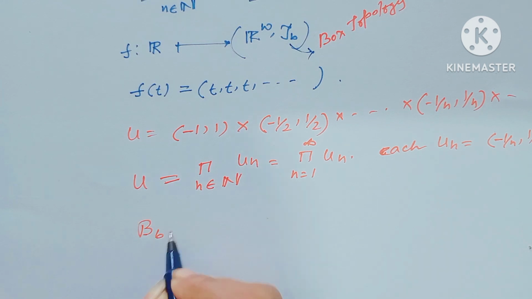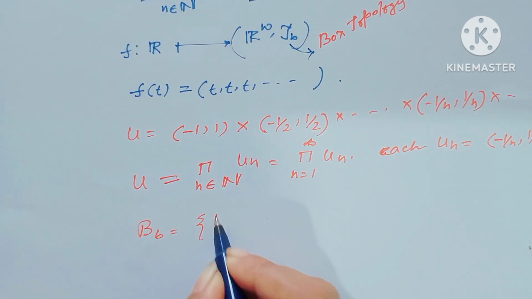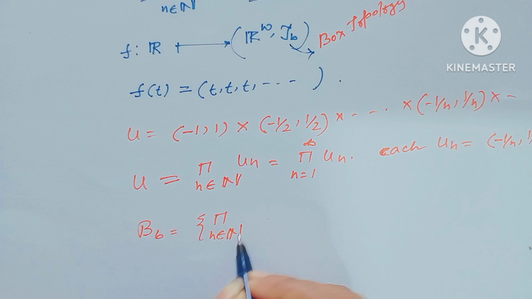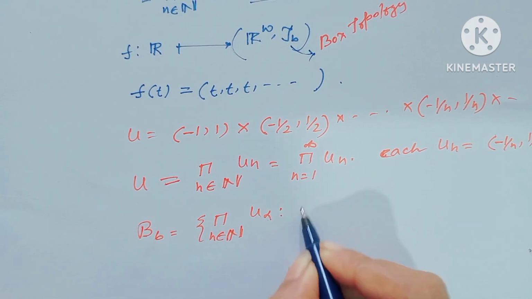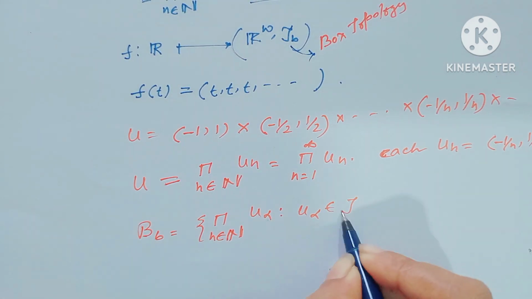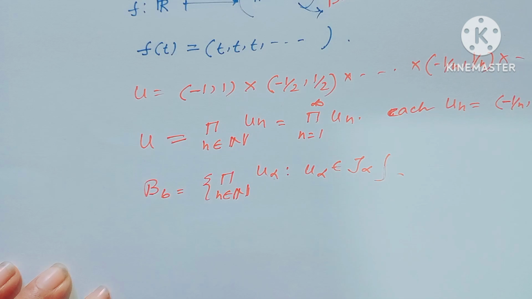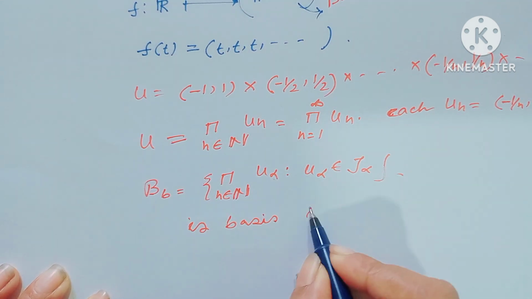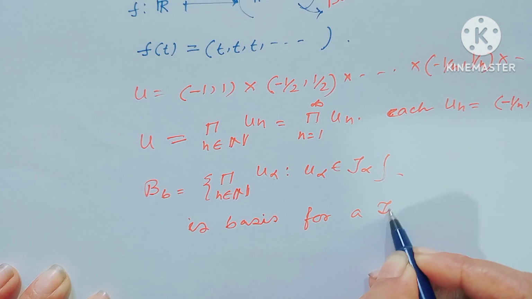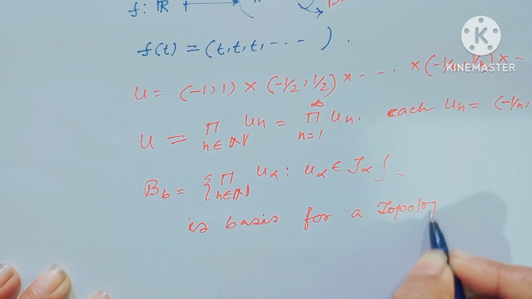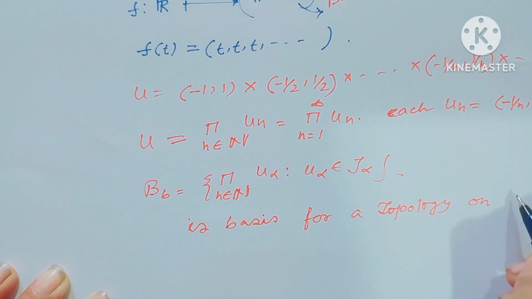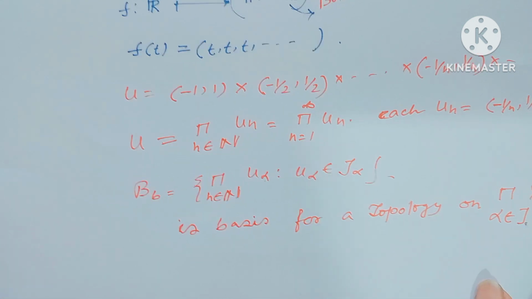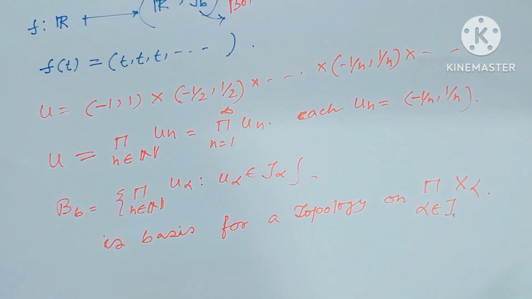Here the basis is the product over n belongs to the natural numbers of Uα, where those Uα belong to τα. This is a basis for a topology on the arbitrary product space over α belongs to J of Xα. I hope all my viewers have understood this clearly.